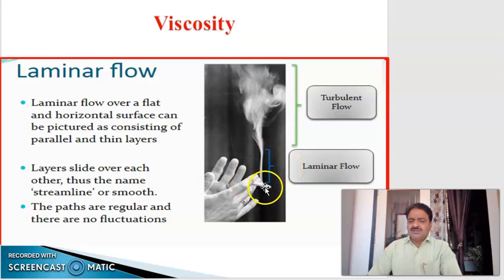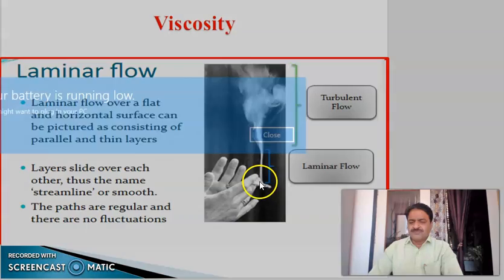Here you see the smoker is going to smoke and he is keeping his hand steady and smoke is coming from his lighted cigarette. This flow from this to this, there is no mixing of layers.